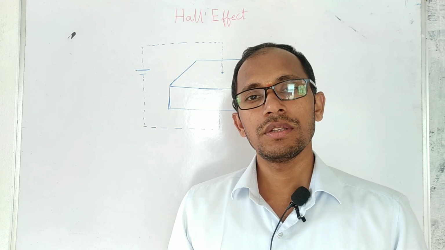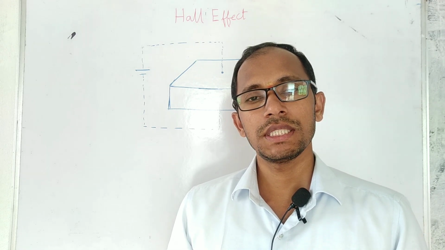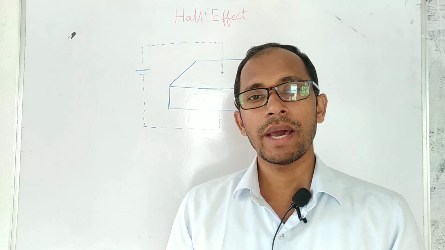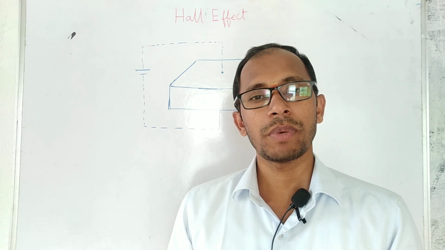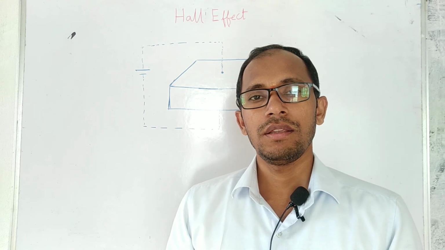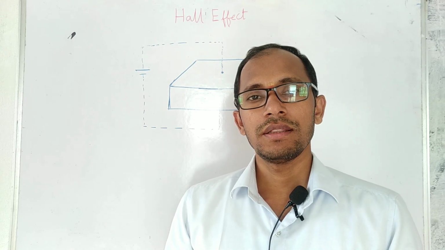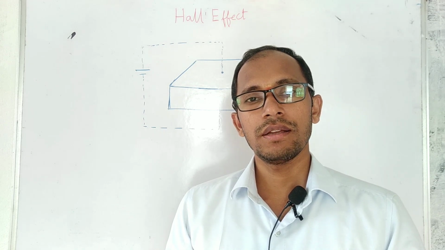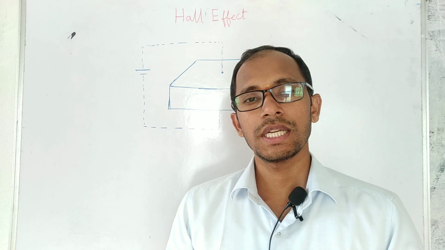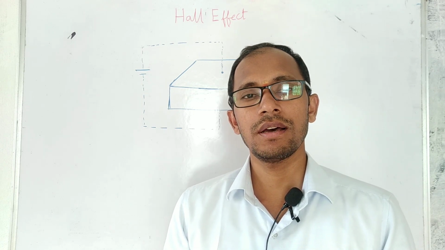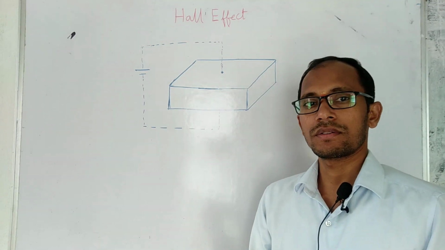Now if you take that sample and keep it in a magnetic field, applied perpendicular to the direction of the current, then an electrostatic field is developed across the material. That is what is called the Hall effect. Let us see how it looks.